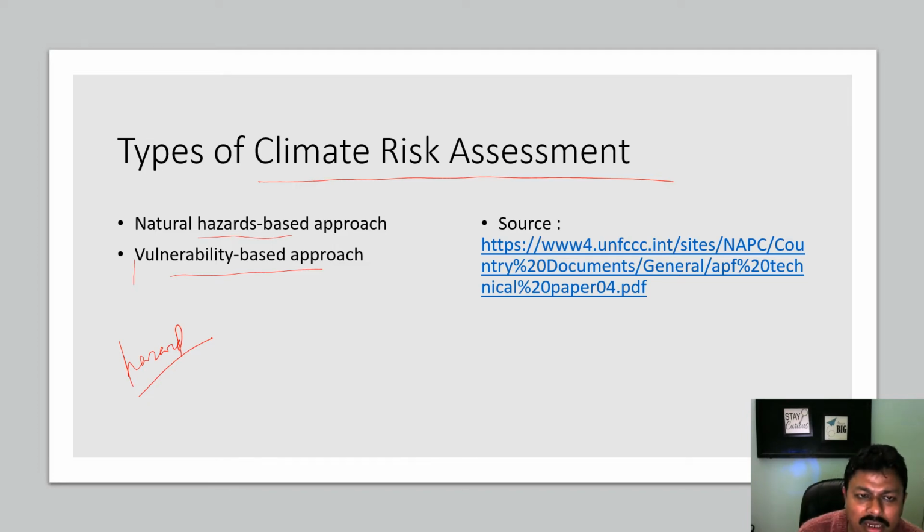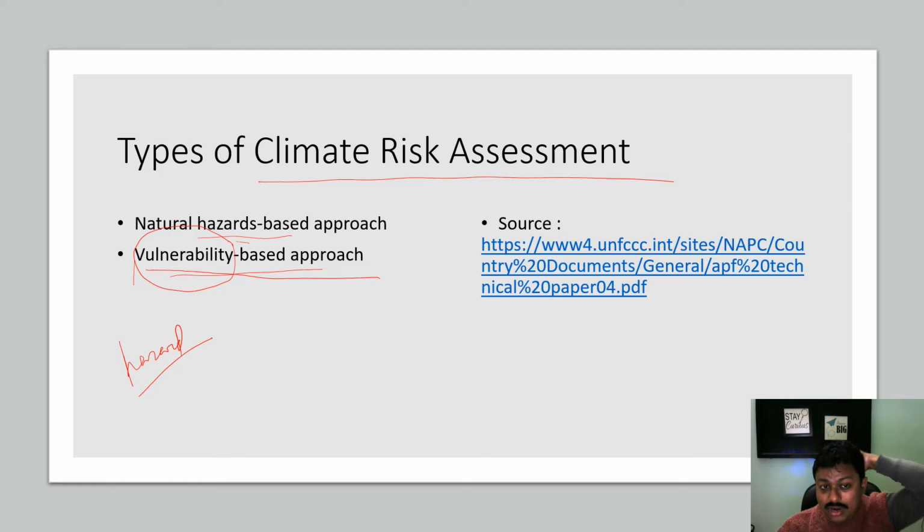And for vulnerability, if you consider only the vulnerability of that location, that means how sensitive, how susceptible, or how much lack of capacity to adapt to that hazardous event. Based on that, if we assess the risk, then it becomes the vulnerability based approach. So there are two different aspects.